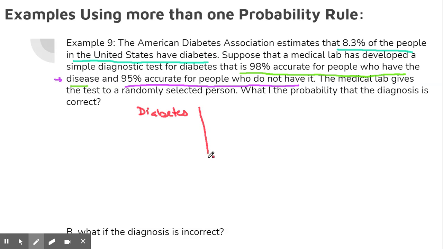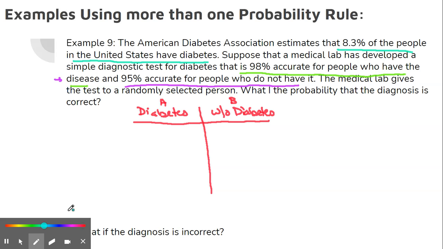So I have "with diabetes" and I have "without diabetes." So this could be my event A and this could be my event B if we want to look at it that way. So the first thing they tell us is 8.3% of people have it.